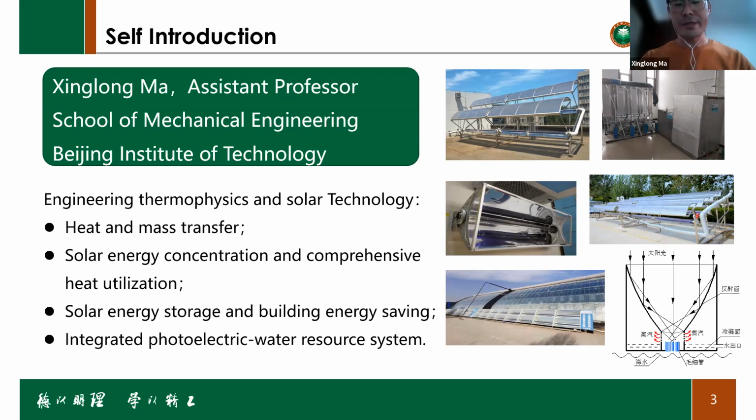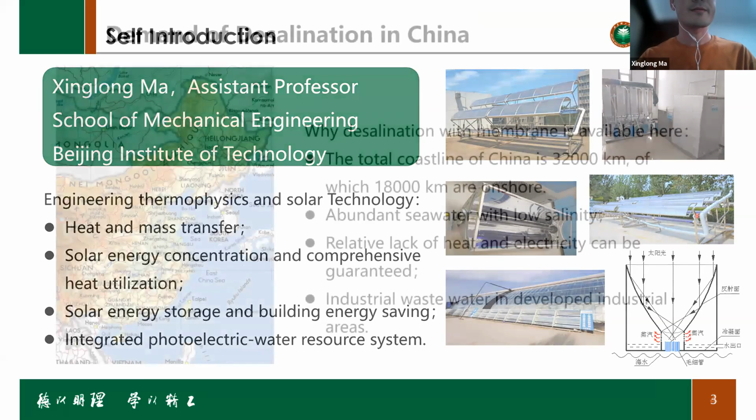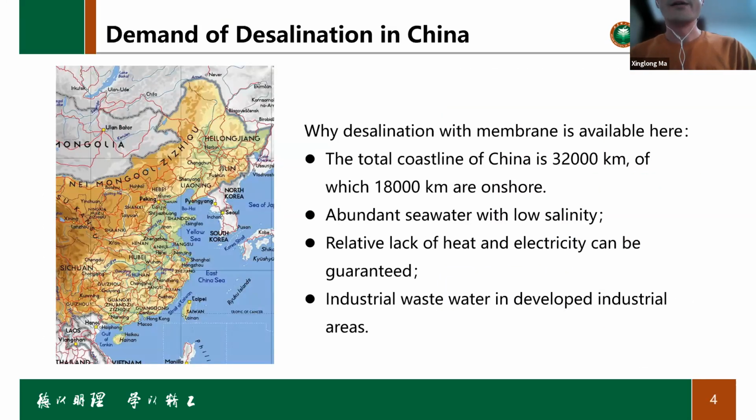I knew the theme of this conference is desalination technology with membrane, so I have searched this technology in China. We know China has a long coastline, and there is abundant seawater with low salinity.